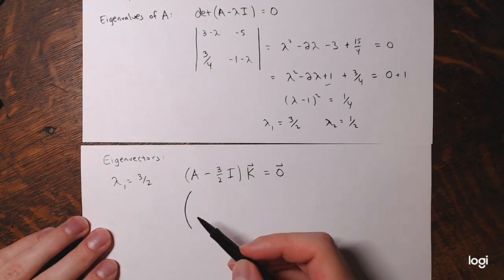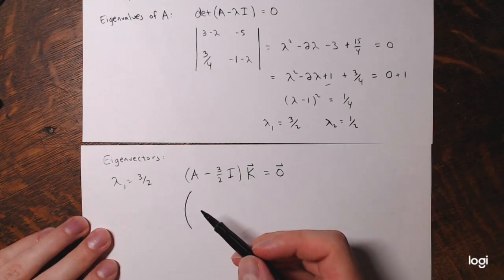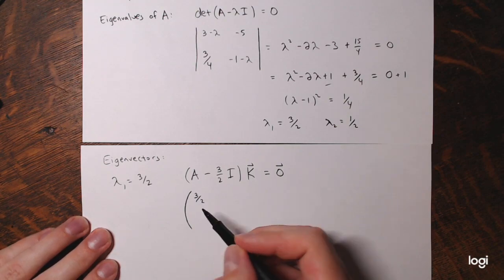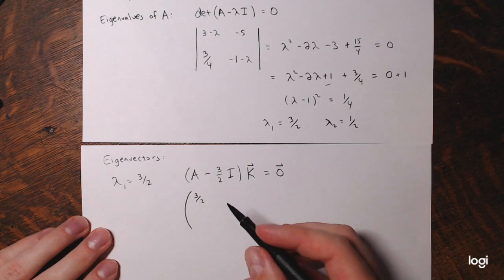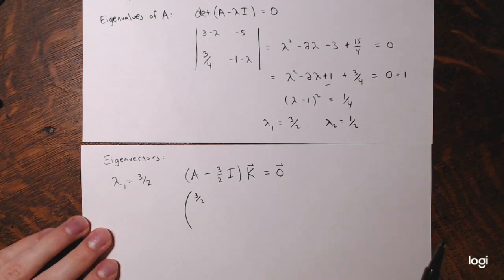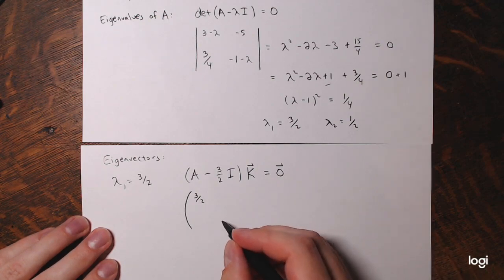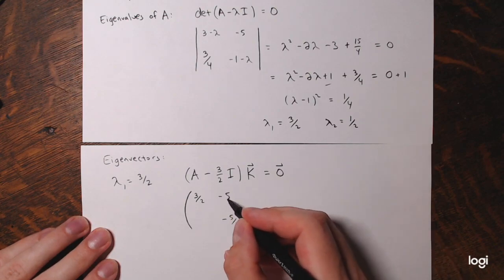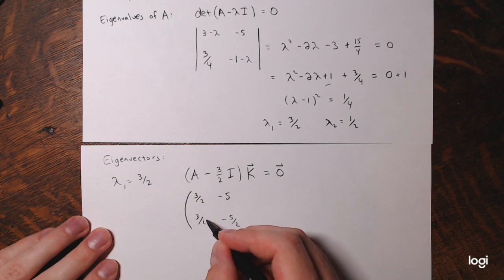This matrix, just take matrix A and subtract 3 halves. So that's 3 halves down there, and then negative 1 minus 3 halves would be negative 2.5, negative 5 halves there, and then you have negative 5 here, and 3/4 there.